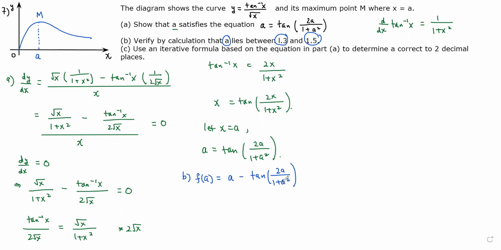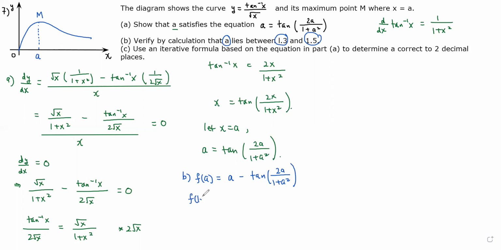We need to show that f(A) has a zero between 1.3 and 1.5, meaning that one of these values will give an f(A) value that is negative, and the other must be positive.